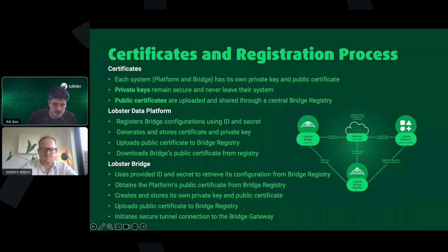We store those in the centralized Lobster Bridge registry, which makes sure that as soon as you have one ID, you can exchange everything you need to initiate and manage the connection. The Lobster Data Platform registers a bridge configuration in the registry with an ID and a secret. It generates a key pair and stores the public key in the registry, and from the registry it can access everything it needs to connect to the bridge.